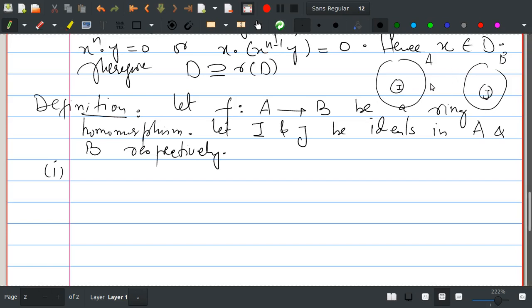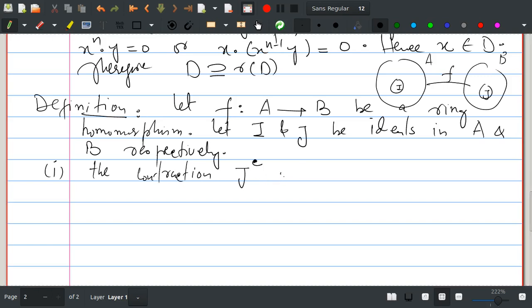Well, now we know that a ring homomorphism pulls back ideals to ideals, but the other way around is not true. So the contraction, J to the C, stands for contraction.